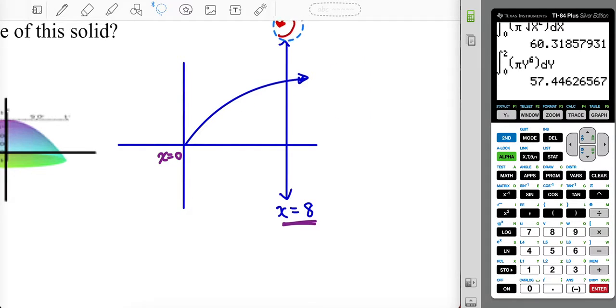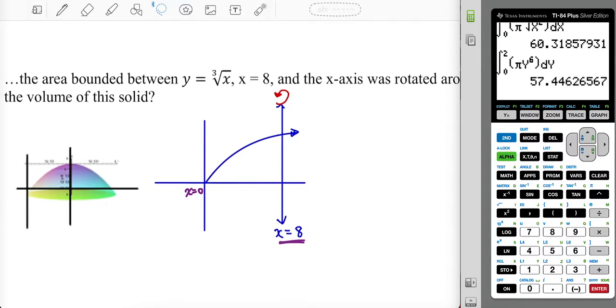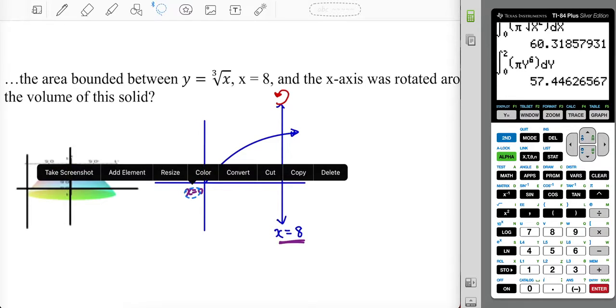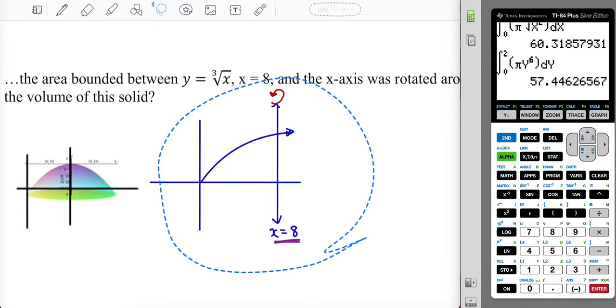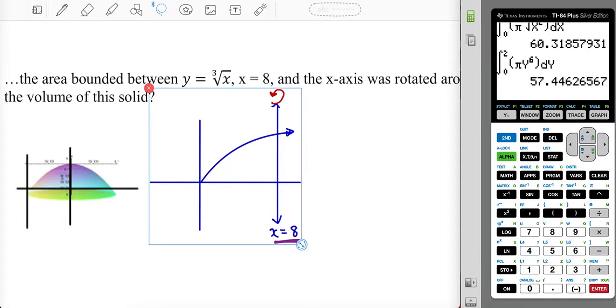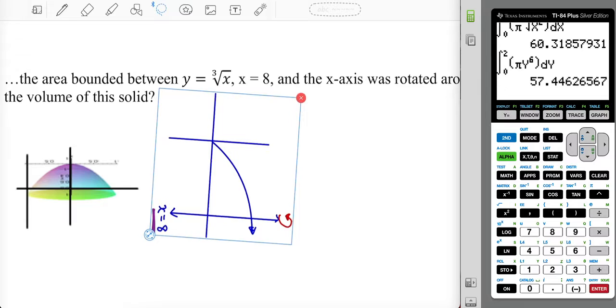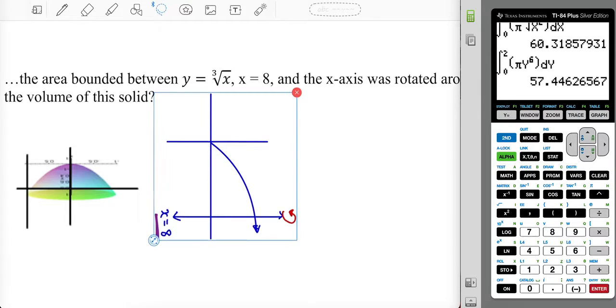All right, so we're revolving around this axis. And so if that's the case, it's kind of like we're looking at it from, I'm just going to do a quick rotation here, we're looking at it from this perspective, kind of.